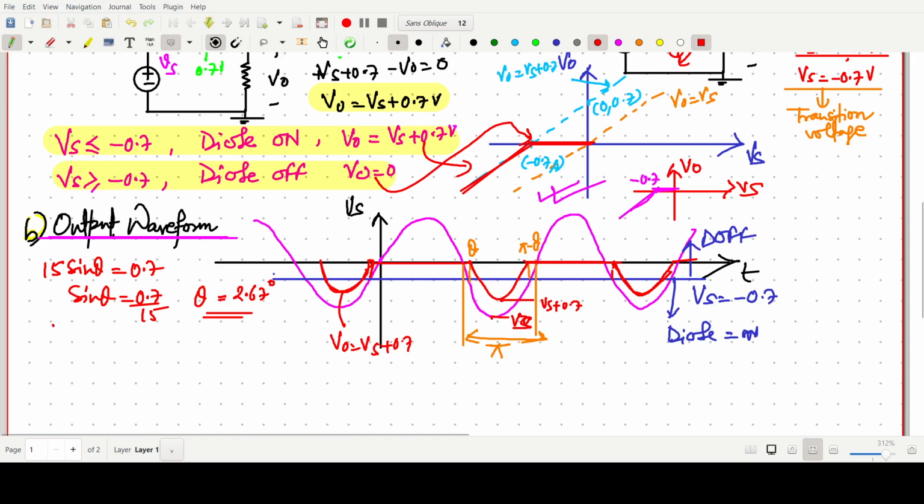So the conduction angle for that particular half will be this one minus this one, pi minus 2 theta. So this is the output waveform, a simple output waveform.